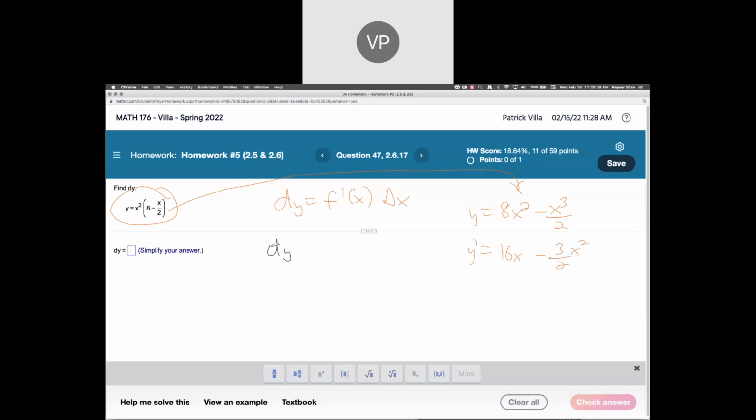So my dy equals all that derivative, which is 16x minus 3/2 x squared times delta x. Okay, so now I have to plug this in here and see what we find.